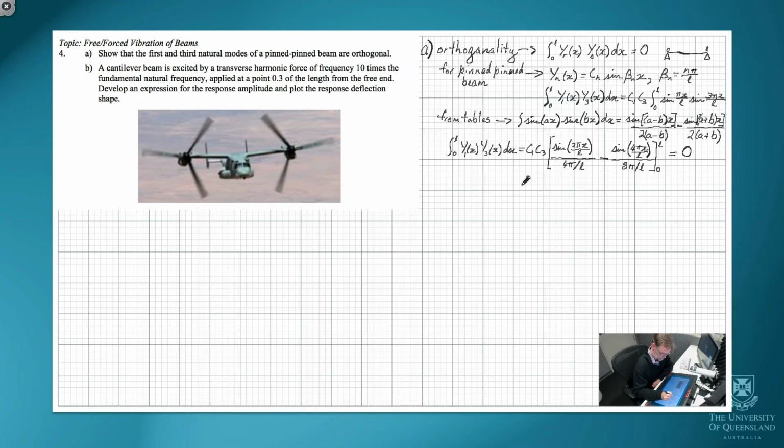So therefore y1 of x and y3 of x are orthogonal.